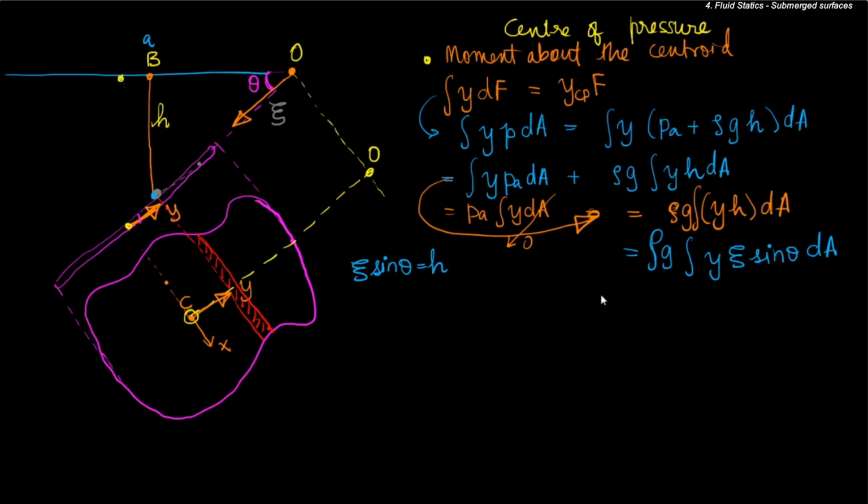Now sine theta can come out of the integral, and thus this is equal to rho g sine theta integral of y xi dA.